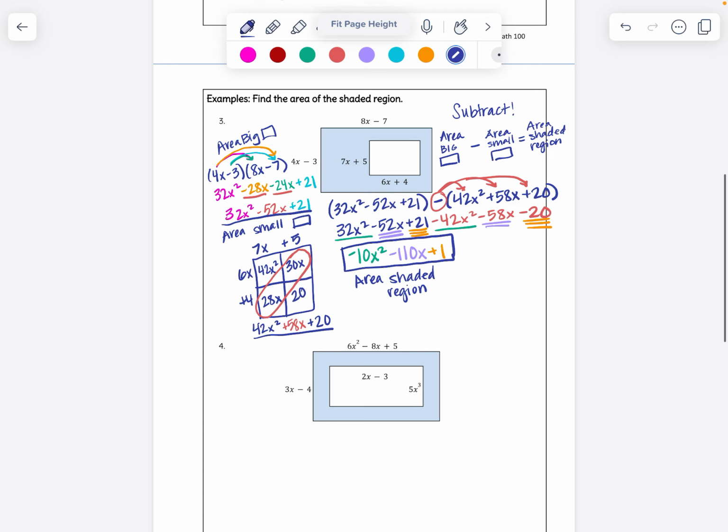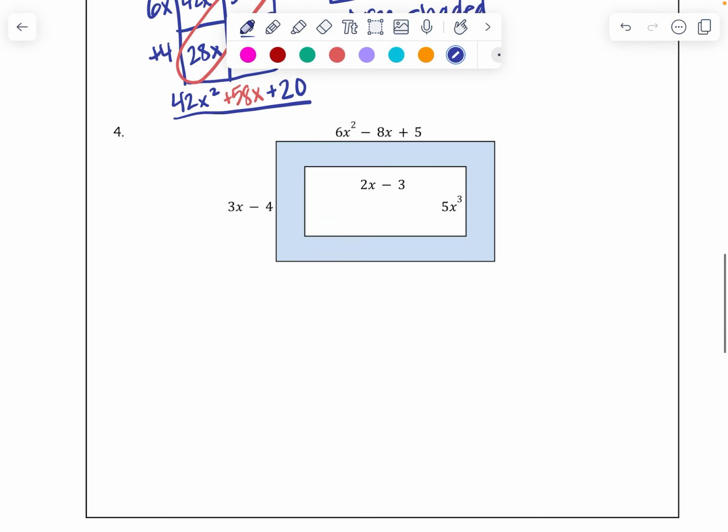Let's do another one. Find the area of the shaded region. So again, we need to find the area of both rectangles and then subtract the larger one minus the smaller one. So first I'll do the smaller one. So this will be the area of the small rectangle.